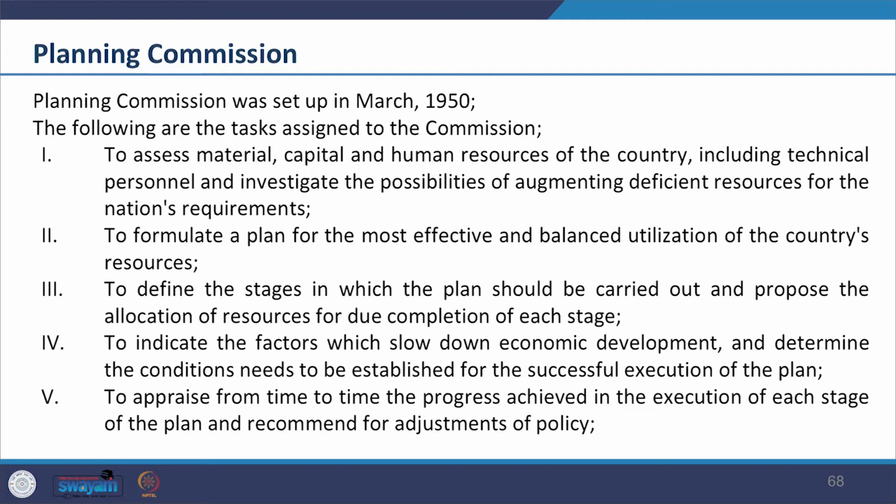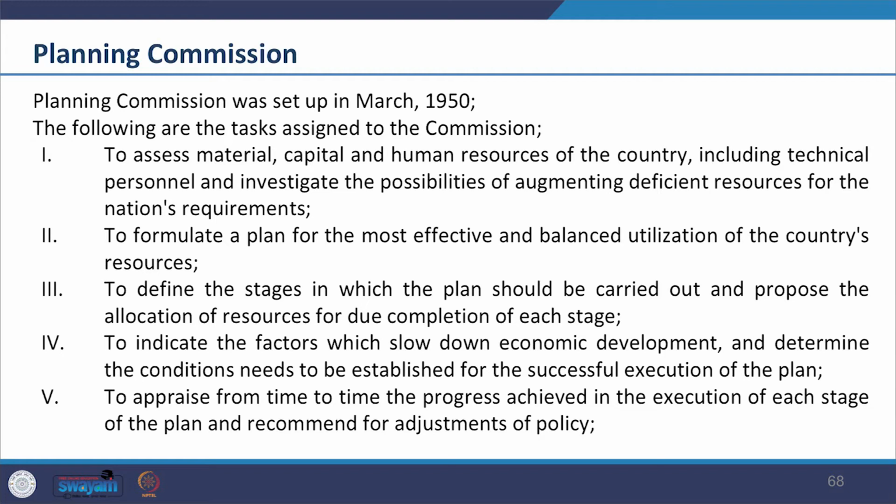Further, the tasks involved defining the stages in which the plan should be carried out and proposing the allocation of resources for due completion at each stage. Further, the tasks involved indicating the factors which slow down economic development and determining the conditions needed to be established for the successful execution of the plan.